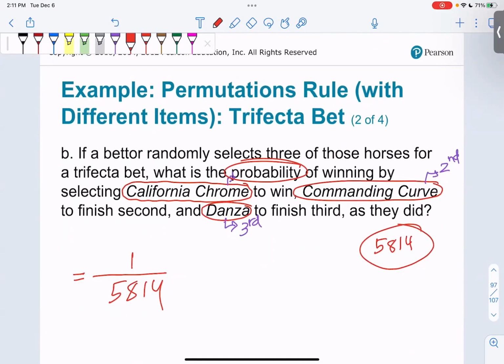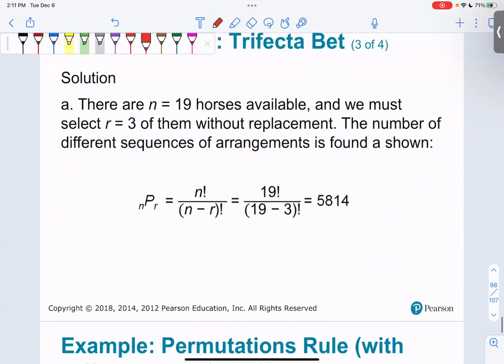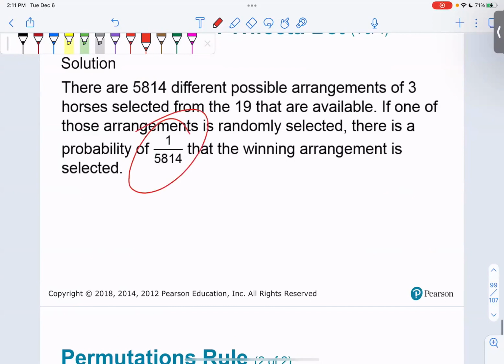So we have only one combination, with the first, second, and third in order. Here we have 19 horses, and we want to choose 3 of them to be first, second, and third. Then the order matters, so we have to use permutation, and this is the number of ways. And for the second one, as you said, it will be 1 divided by 5,814.